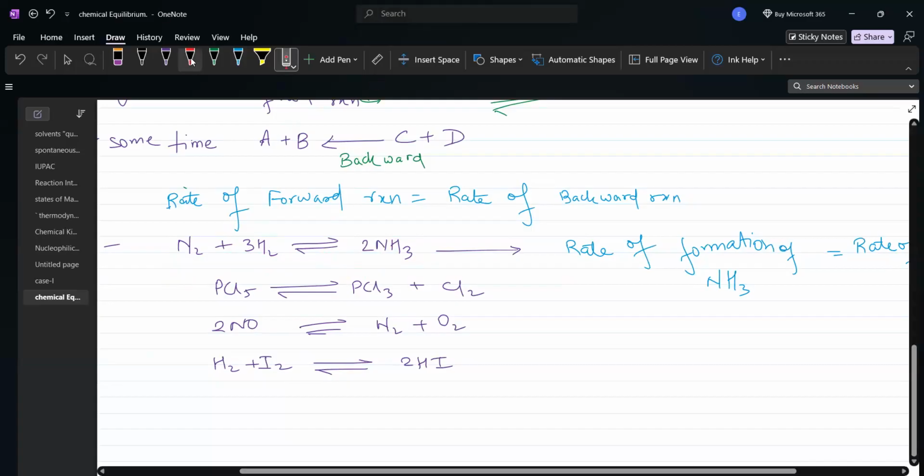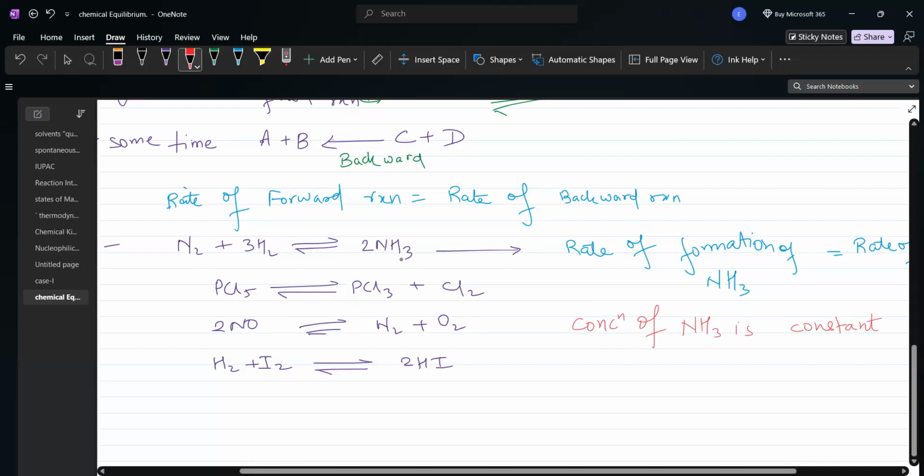So finally, this is the final conclusion: the concentration of NH3 is constant. Why?